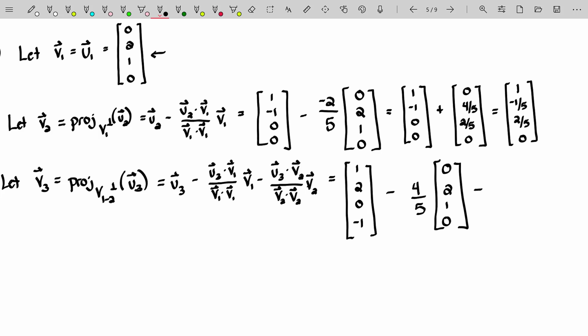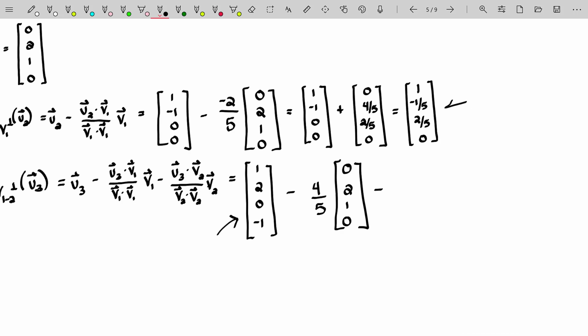We'll take u sub 3 again and dot it with v sub 2. Now the mathematics gets a little bit ugly because we have fractions involved. You can't help that, but u sub 3 dotted with v sub 2 is 1 minus 2/5 plus 0 plus 0, which is 3/5.